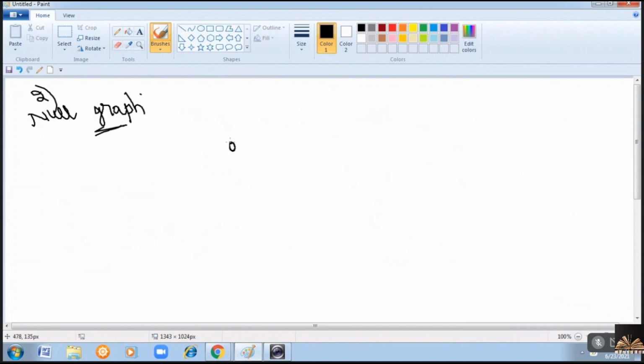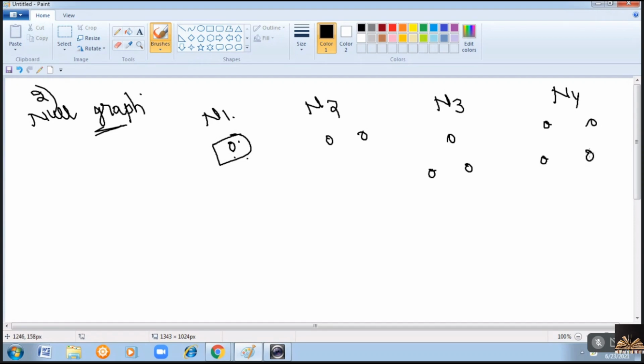So this is a null graph with a single vertex. A null graph with 2 vertices. A null graph with 3 vertices. A null graph with 4 vertices. You'll have the vertices, but you don't have the edges. Clear? This is the null graph.